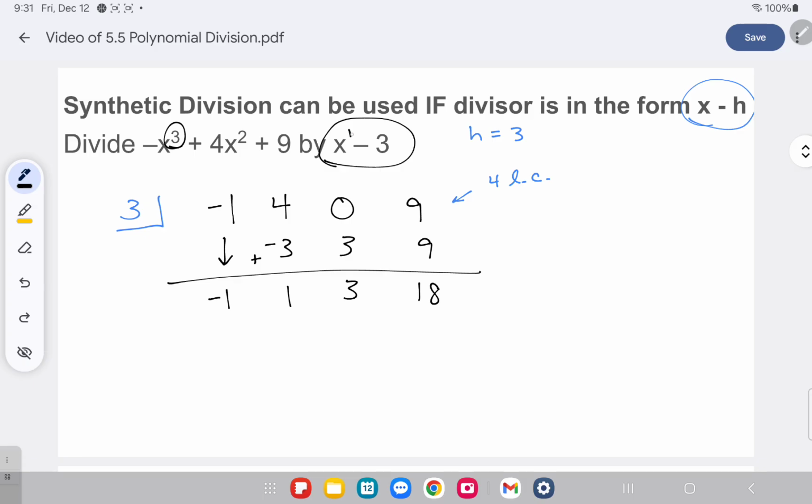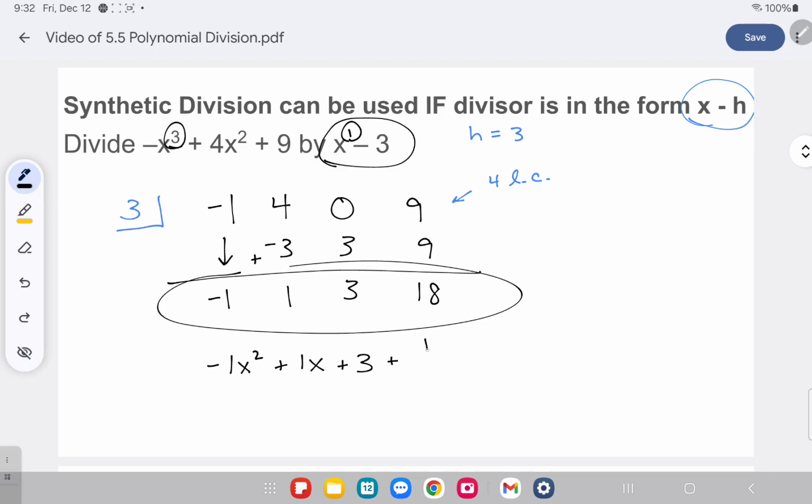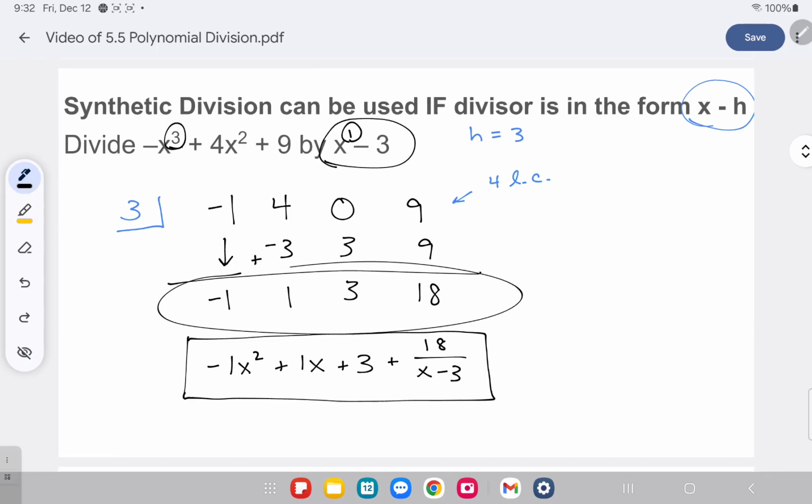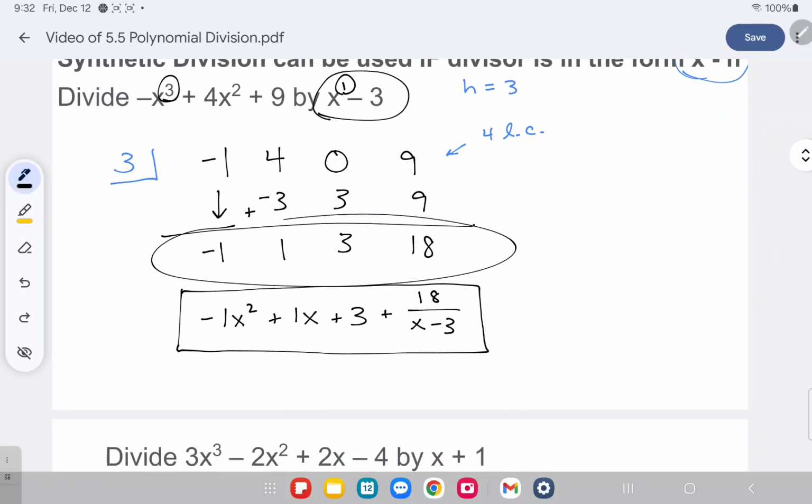We divided by something that was linear, which means our resulting polynomial, when I write it as a polynomial, will be a quadratic, x squared. So that's a negative 1x squared plus 1x plus 3, and 18 is the remainder. And we put the remainder over the divisor. In this case, our divisor is x minus 3. So much, much quicker than long division. But again, it only works when we're dividing by something in the form x minus h.